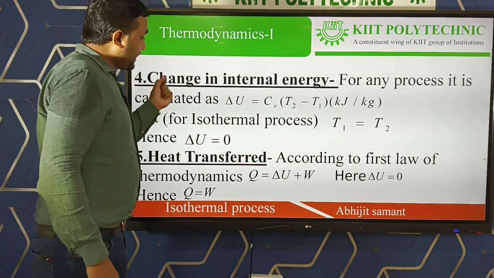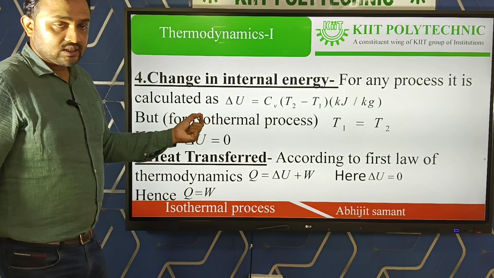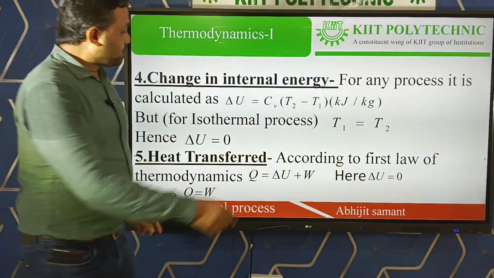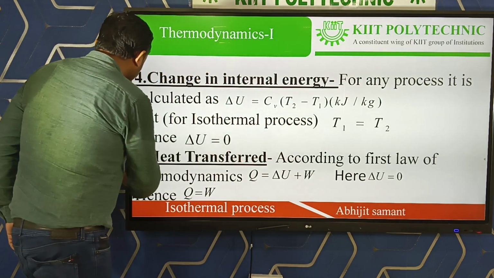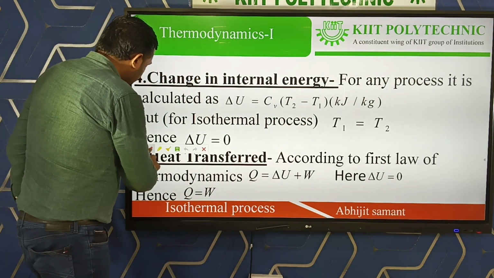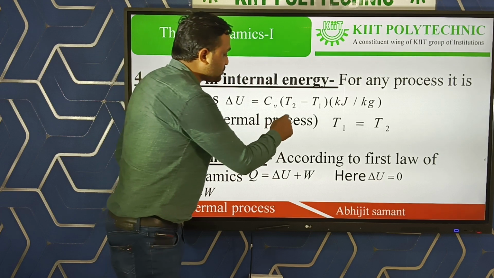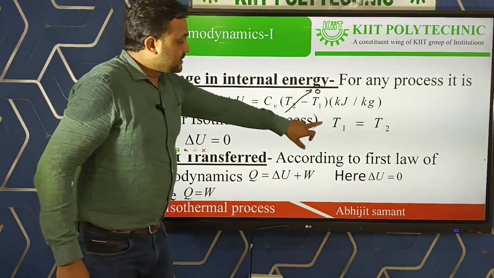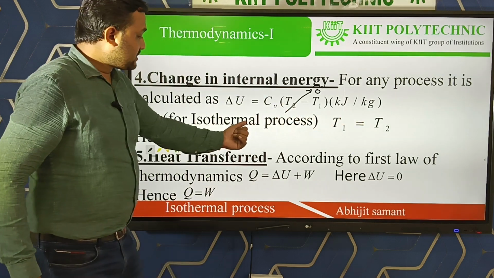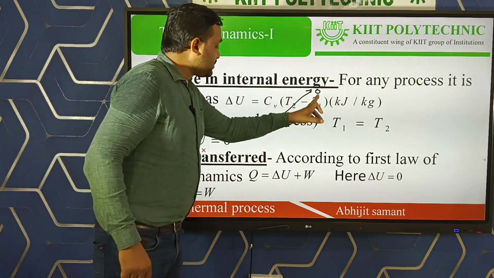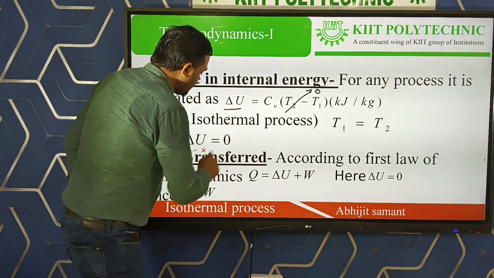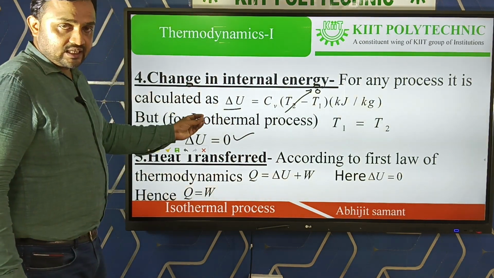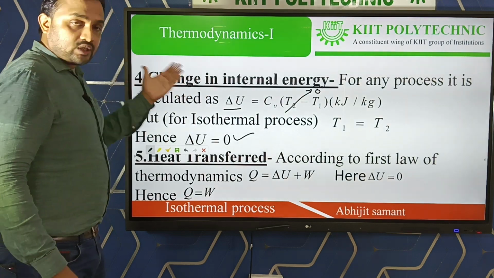In an isothermal process the temperature remains constant, so T1 is equal to T2 and T2 minus T1 is equal to 0. Then delta U becomes 0 for an isothermal process.